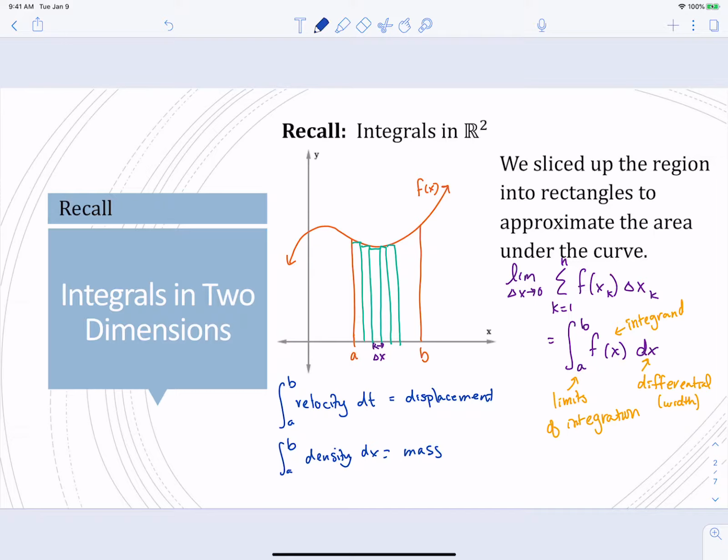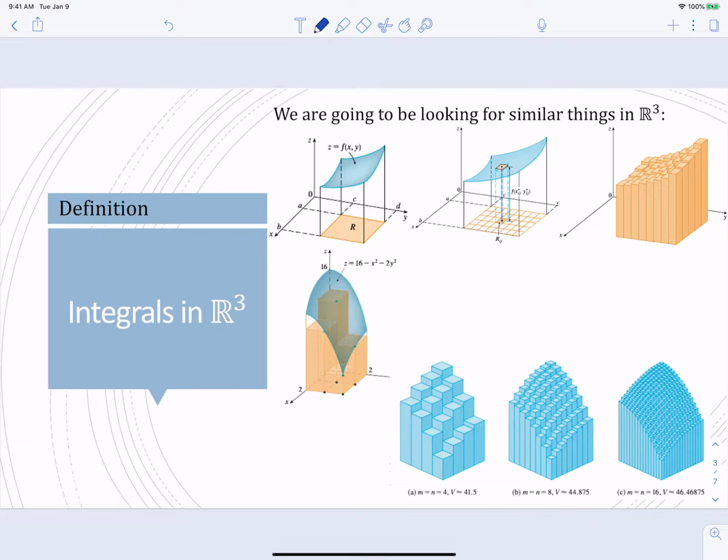All right, so what's this going to mean in terms of looking at this in 3 dimensions? Well, it's probably what you were thinking. Say, for example, we have a surface out in space, and then we take a part of that. We're going to look at a region in the XY plane, from a to b on the x-axis and c to d on the y-axis, and that's going to create, at least in this section, a rectangle sitting down there in the XY plane.